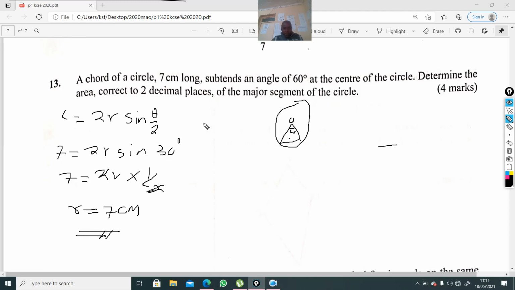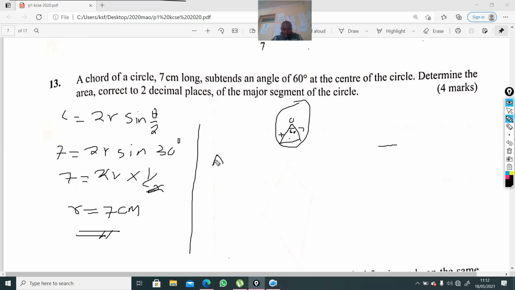I can now find the area of the measure. Here is 7 and this 7. I can find the area of the major sector. The angle of the major sector is 360 minus 60, that is 300 degrees.